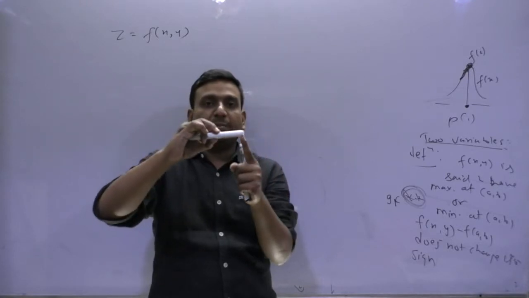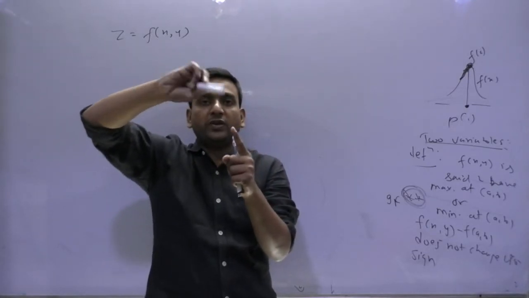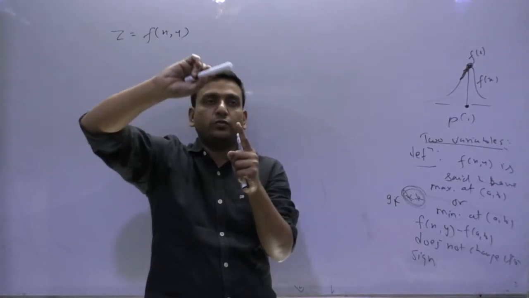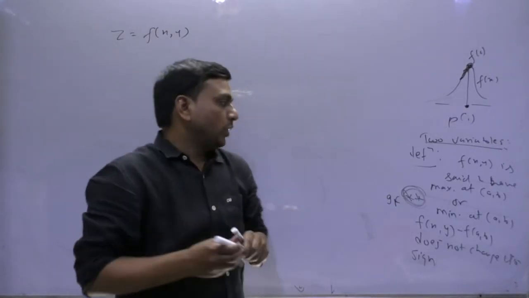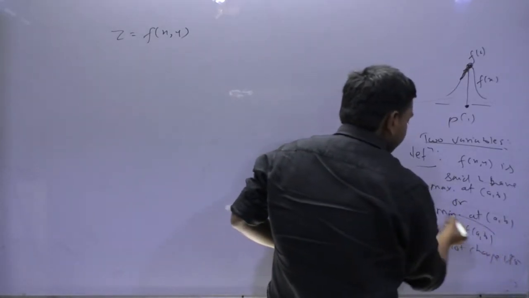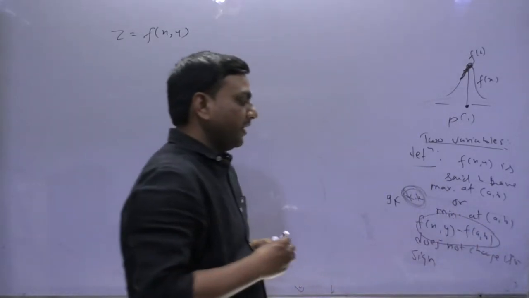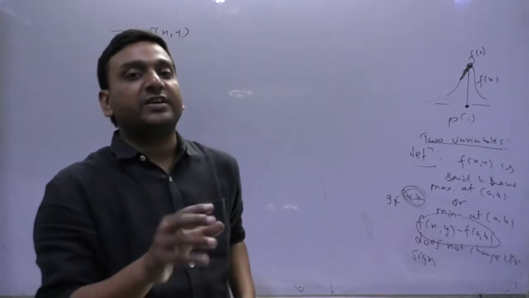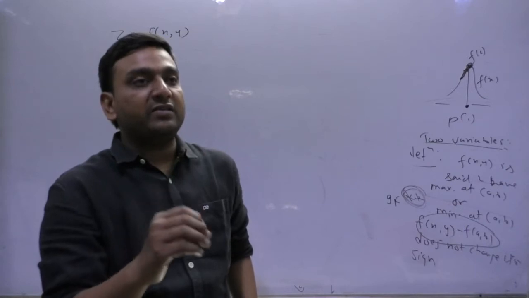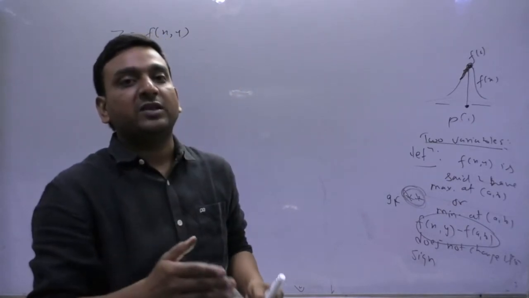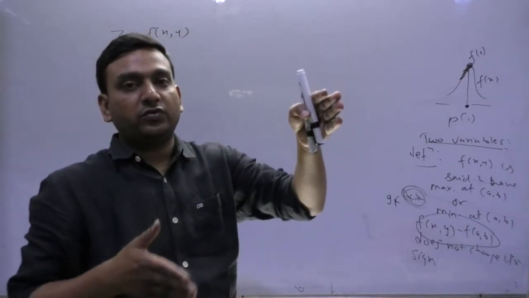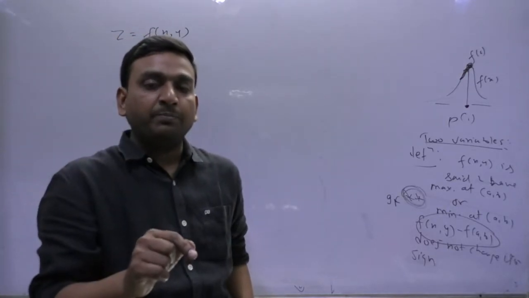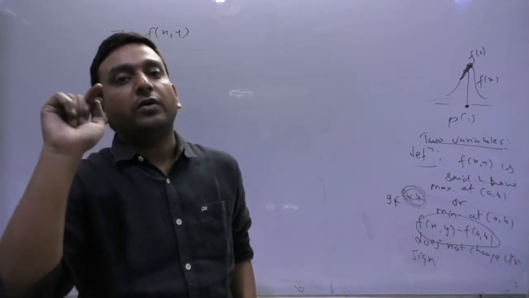Or if this is the minimum, whatever the values are there, if those are subtracted from this, then this should always be less than 0. So ultimately, if f(x, y) minus f(a, b) changes its sign, it simply means sometimes it is taking a maximum, sometimes a minimum, meaning for some values maximum value and for some minimum. So that point cannot be a point of maximum or cannot be a point of minimum.